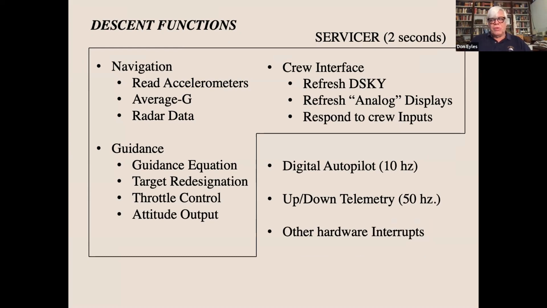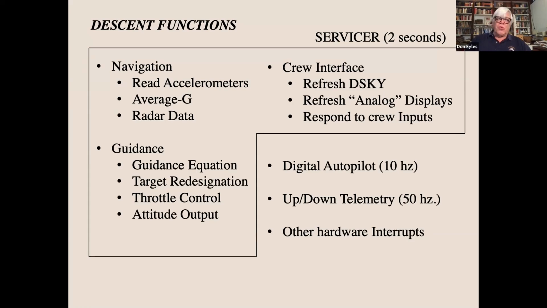That consisted of navigation: reading the accelerometers, doing the average-G computation, incorporating radar data, if by that point we had locked on; guidance, which was the guidance equation, allowing for the redesignation in the visibility phase; throttle control, which was not entirely simple; and the output of the new attitude command to the autopilot.